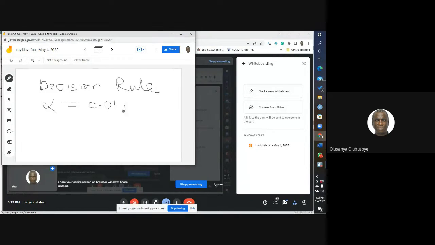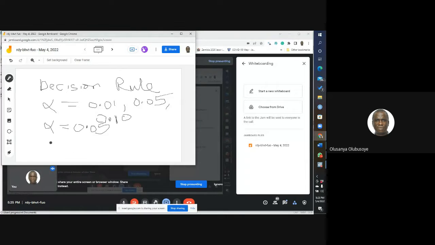It could also be 0.05, and it could also be 0.1. Researchers will normally choose any of these three, but the popular one is for the researcher to choose 0.05.